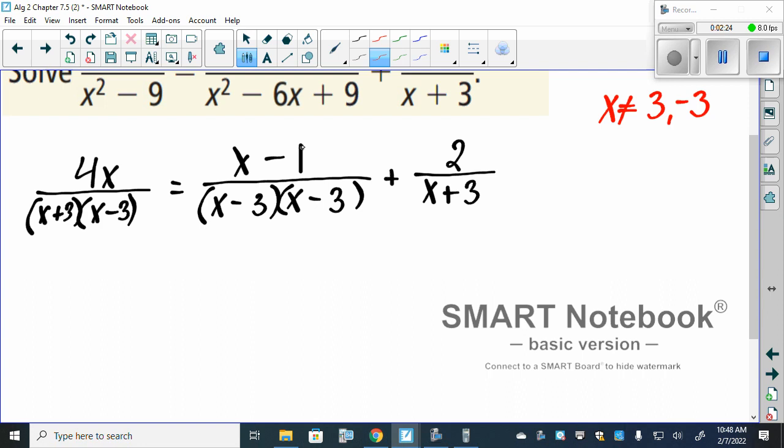The 3 is going to make the x minus 3's be 0, because 3 minus 3 would be 0. The negative 3 is going to make this x plus 3 and this x plus 3 both be 0, and that's all the denominators. So we know that x cannot be 3 or negative 3.